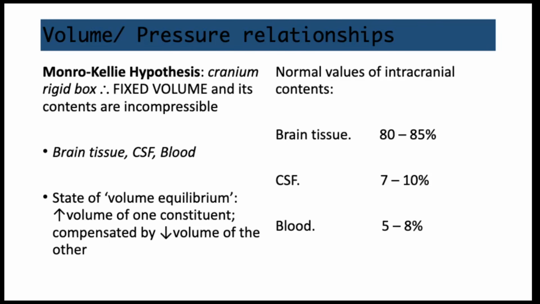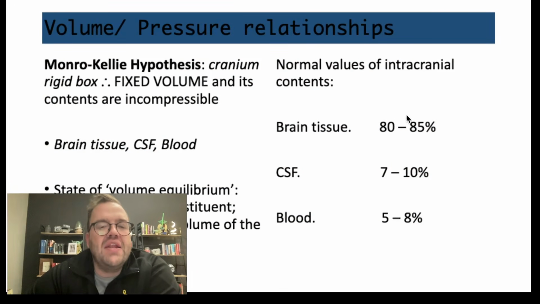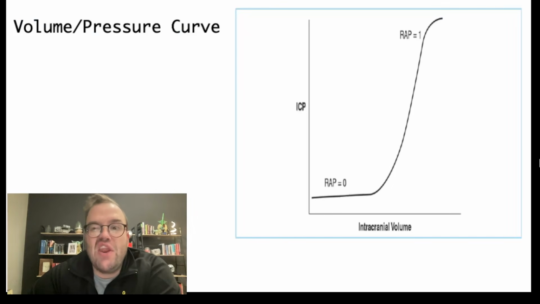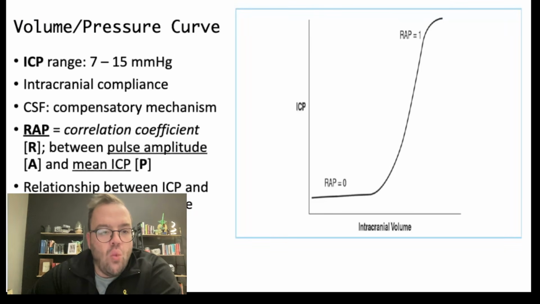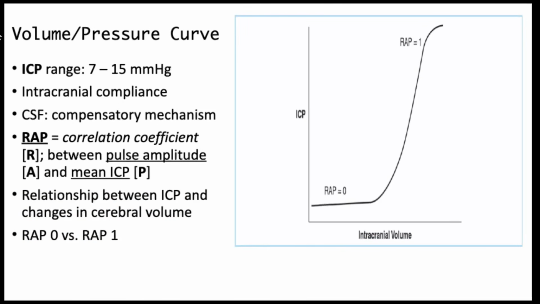So you can see if you get a big brain tumor, for example, and suddenly now you've got 90% brain tissue, you can need to have only 5% blood and 5% CSF. Otherwise, you're going to get an increase in intracranial pressure. So if we put that on a volume pressure curve, what it says is that at a normal intracranial pressure range of 7 to 15, everything is pretty solid over here.